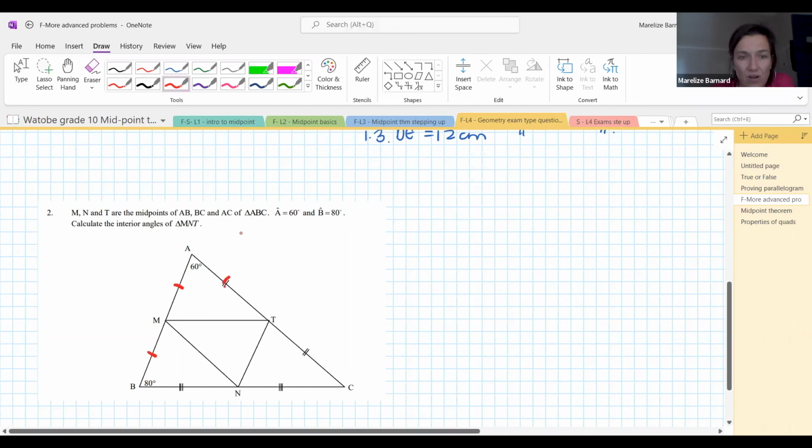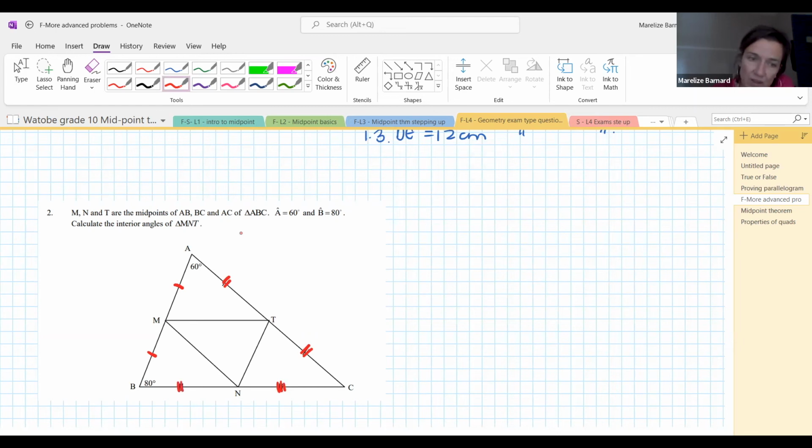So we are going to go straight to midpoint theorem. Here we won't need to use converse midpoint theorem. Here we're going to use midpoints only. Because we have these midpoints, we can say MT is parallel to BT. Now, the question's asking for the interior angles of triangle MNT.